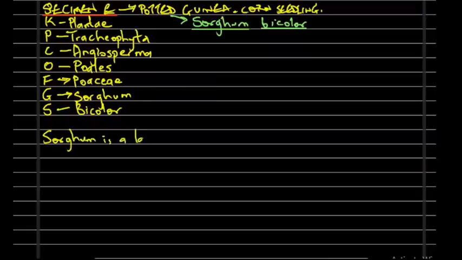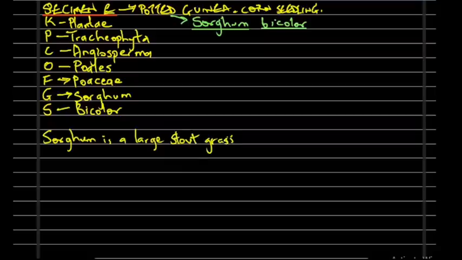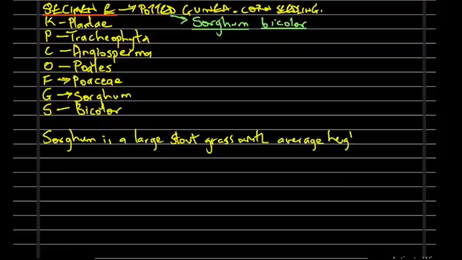Sorghum is a large, stout grass. Now, it grows very tall. It grows very tall and has an average height of 7.9 feet. That is how tall it appears to be.